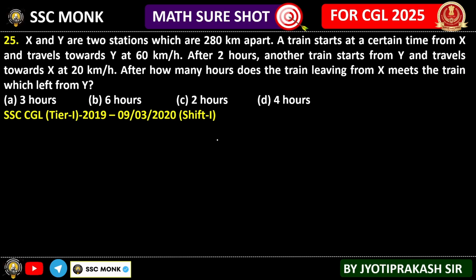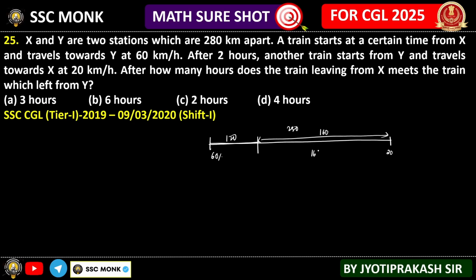Now see, total distance 280. Here it is traveling at 60 km per hour. Here it is traveling at 20 km per hour. So after 2 hours of the first train, another train starts traveling. So in those 2 hours, how much distance is gone? 120 distance is gone. Now what is the distance remaining? 280 minus 120 is equal to 160.